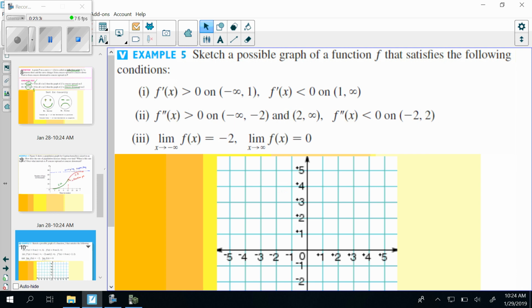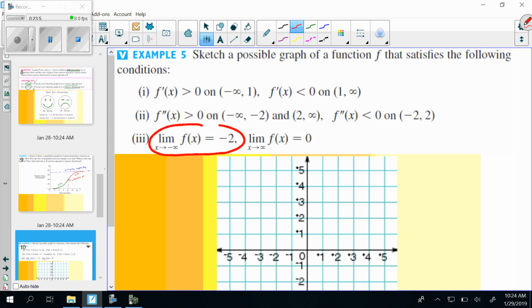All right. Here they want us to do a sketch using some of the information given. So here you've got to take what they're giving you and try to sketch out a graph that shows what's being said here. All right, so first thing here, let's maybe start with something we're familiar with. You guys have seen these limits before.